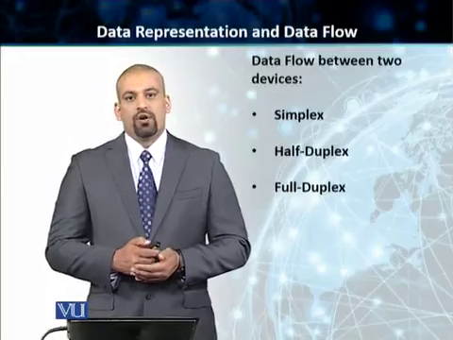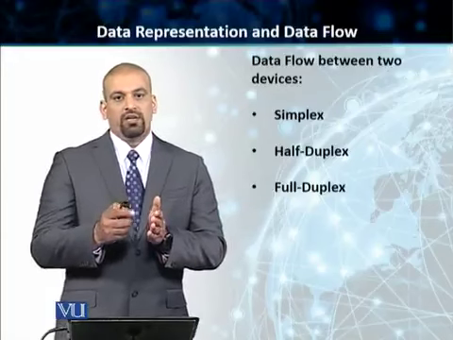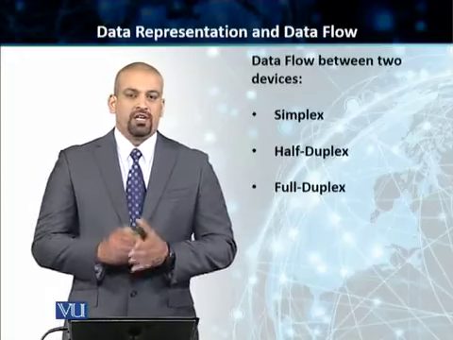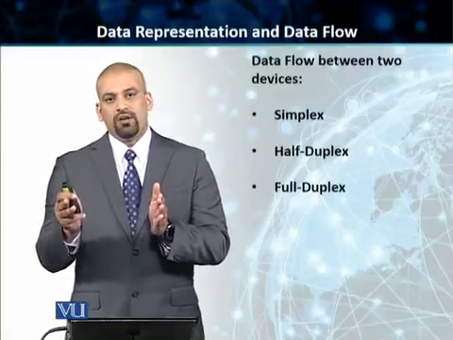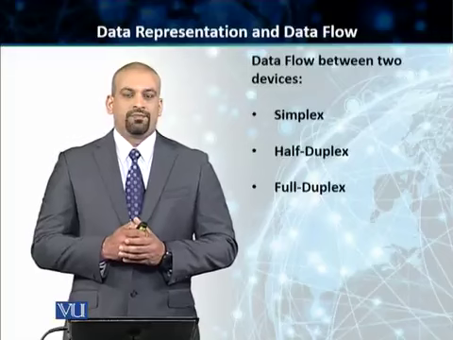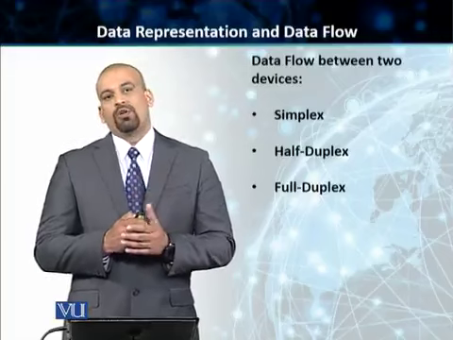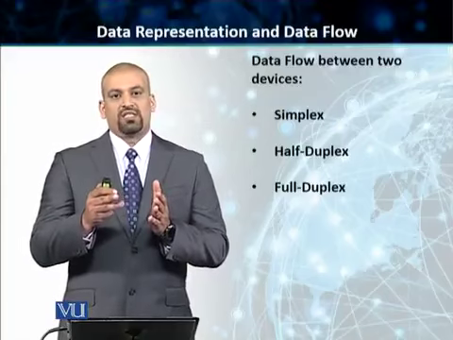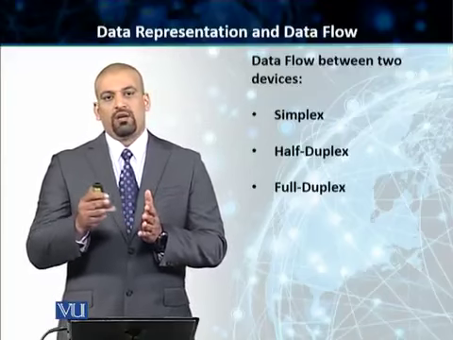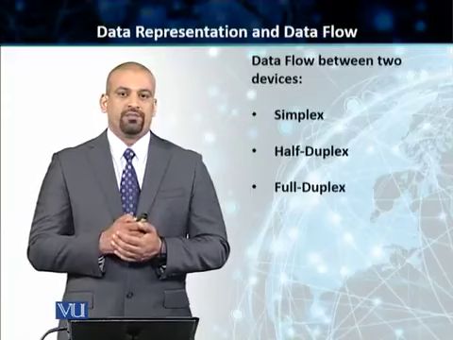Now, students, moving on, we'll talk a little bit about the data flow. Data flow means how the data flows from point A to point B. There are three basic modes that we are going to be talking about when we discuss the flow of data between the source and the destination.